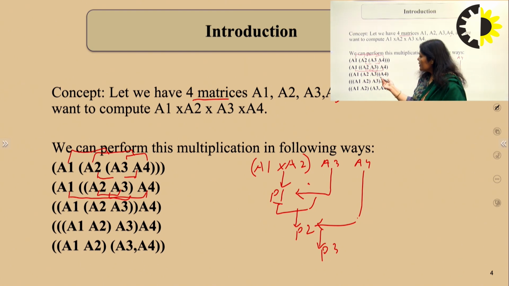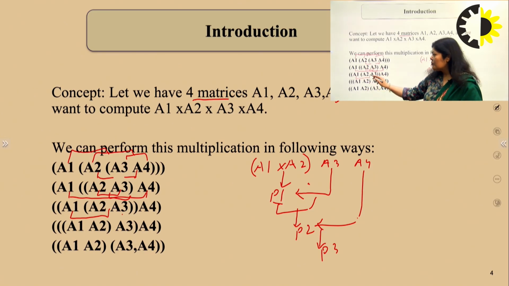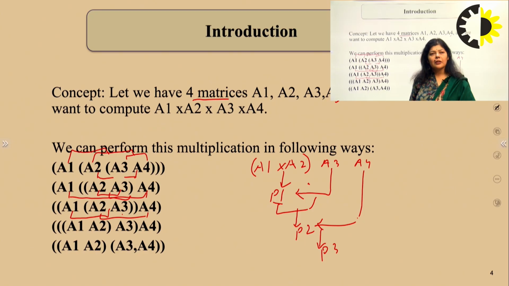In another sequence, I can first multiply A2 and A3, and then rather than going to A4, I can multiply this product with A1 first, and then whatever product is generated, I multiply with A4. Again, this is the same way of accomplishing matrix multiplication of this chain of matrices.